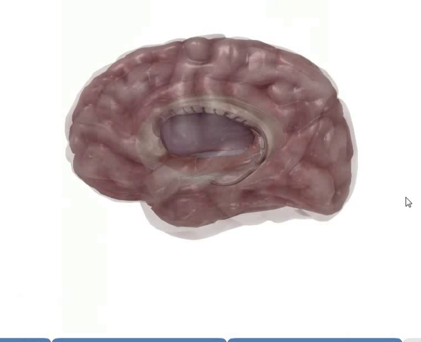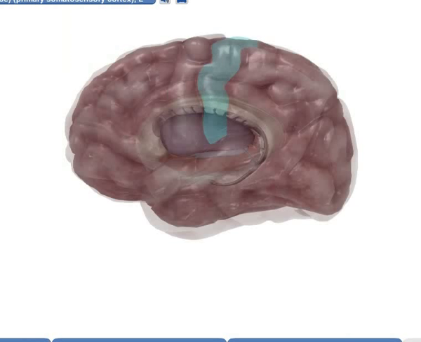So I want to move now into the basal ganglia, which will be the last area I'll cover in this video on the telencephalon. So let's get a sense of where that is. Here we are again. We're looking at rostral, caudal, dorsal, ventral, anterior, posterior, superior, inferior.